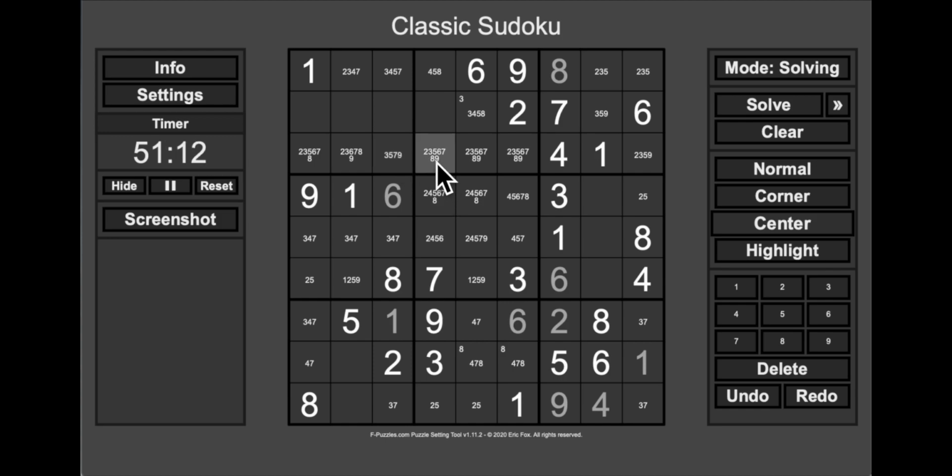That one, I think, can still be anything. That one isn't 6. See, that's not 9, or 8.